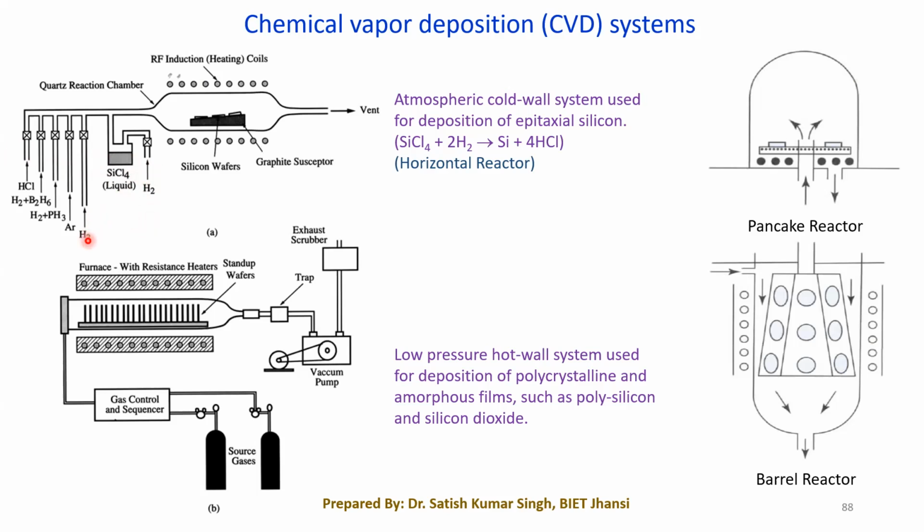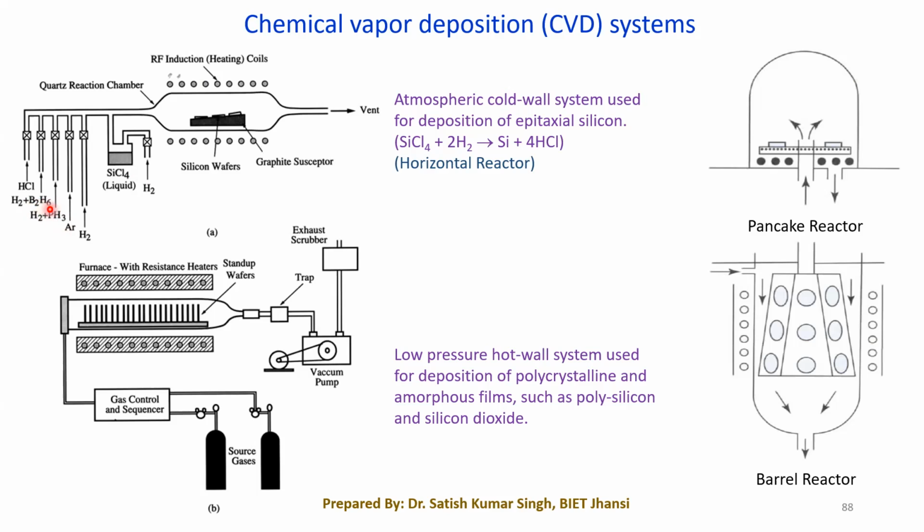Here you can see we are sending hydrogen gas and argon gas. These are the carriers for those sources which are not available in the form of gases but as liquids. Here we have B2H6 and phosphine gas.